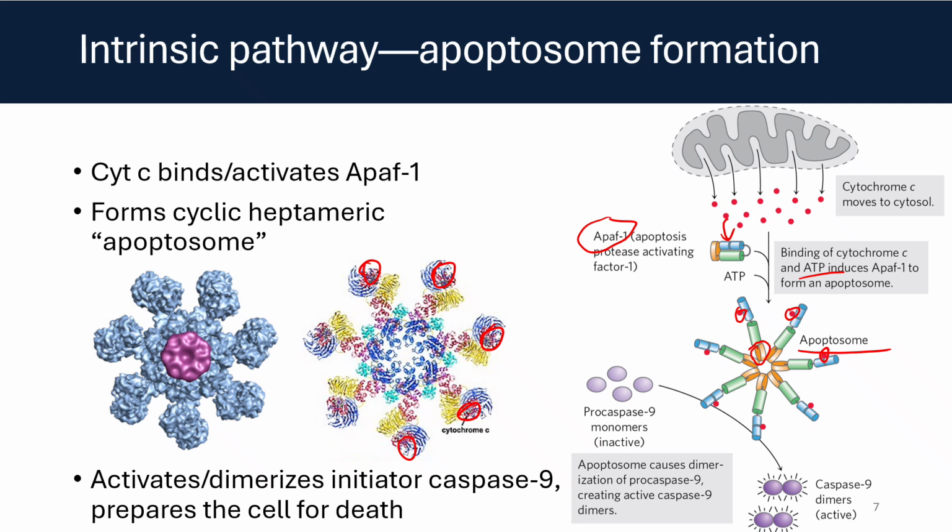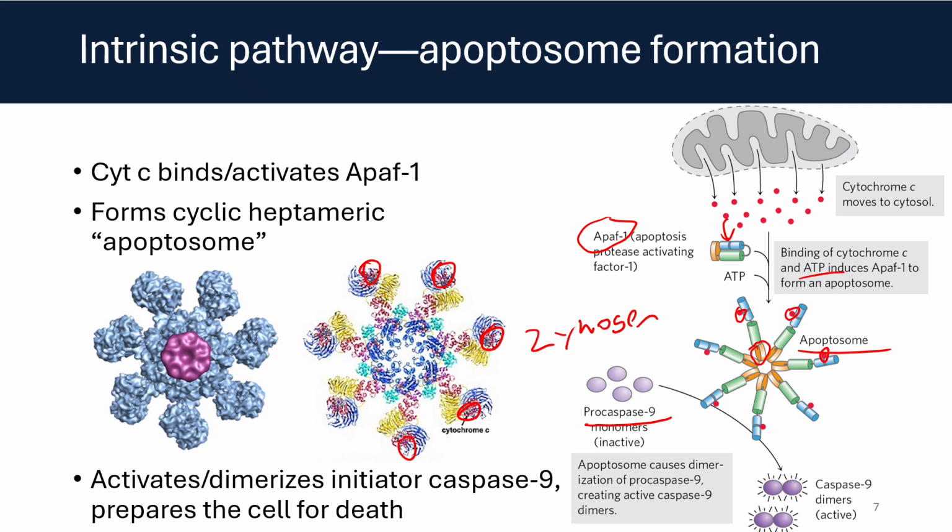Now, the main job of the apoptosome is to activate an initiator caspase called procaspase 9. It already exists in the cell on call as the monomeric zymogen. Remember that word, zymogen?